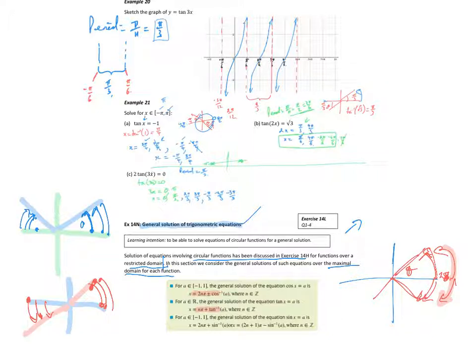So we can think of that one as even pi plus the angle, odd pi minus the angle.